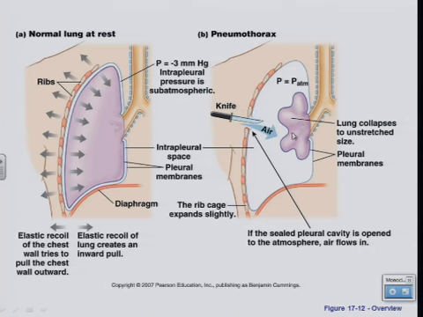Because remember, from inside the lung, this will normalize this negative pressure with atmospheric pressure through your airway. So when we lose this negative pleural pressure, remember the normal elastic recoil of the lung is always to collapse, so it goes to a full collapse.